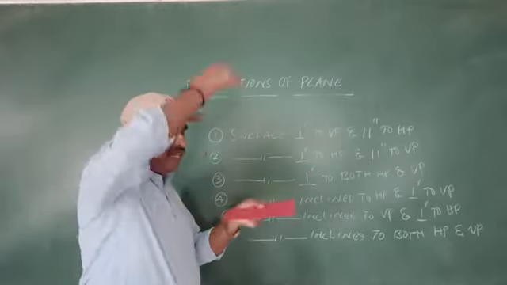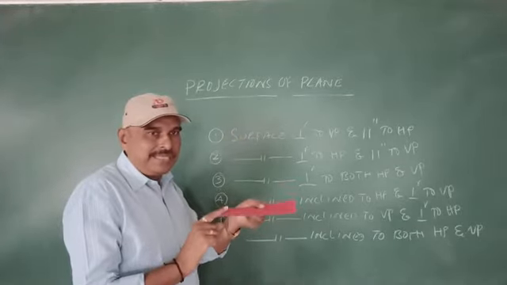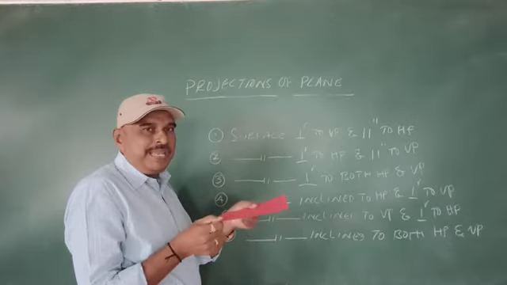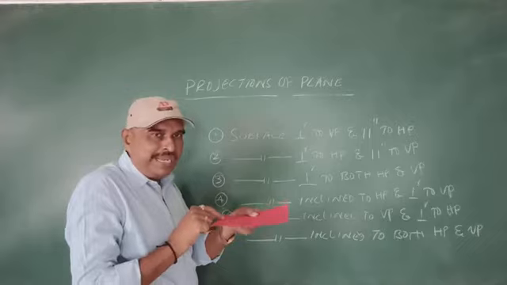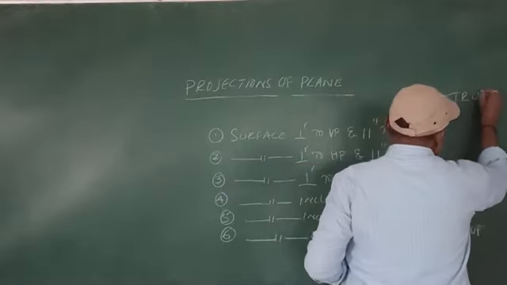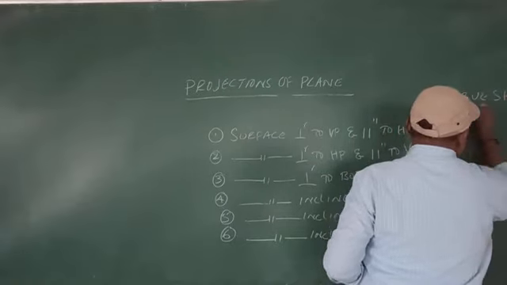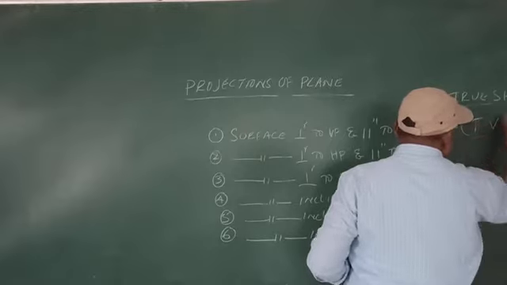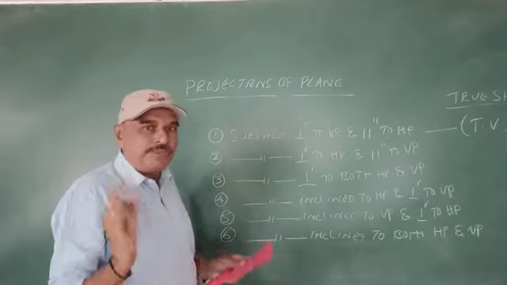But if it is observed from the top, you can see the top view. That means when the surface is perpendicular to VP and parallel to HP, the true shape is obtained in the top view. That is, in the first condition, we obtain the true shape in the top view. That means you have to start the drawing with the top view, right?